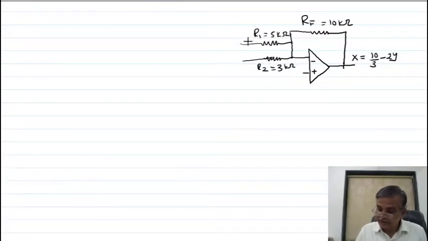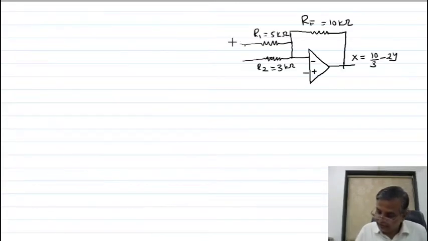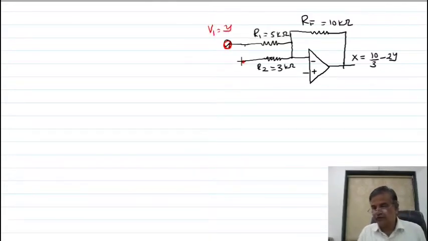Look here. Here you have to give the Y input. What do I have to input here? Y. And here what do I have to give as input? Minus 1 volt. So here V1 is equal to Y, and here I have to give minus 1.